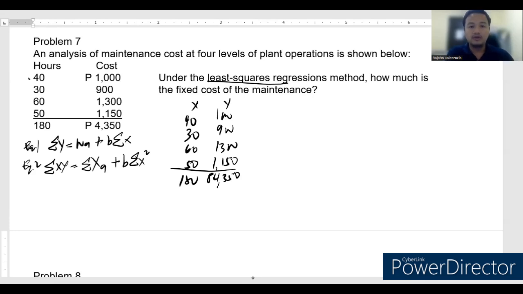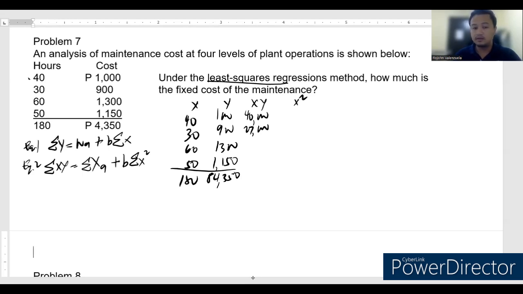Okay? So, meaning, kukunin natin yung xy tsaka x squared. So, mano-mano tayo magka-compute. 40 times 1,000. So, dyan na medyo mahaba. Unlike sa kaninang problem, given na. So, 40,000. 30 times 900.